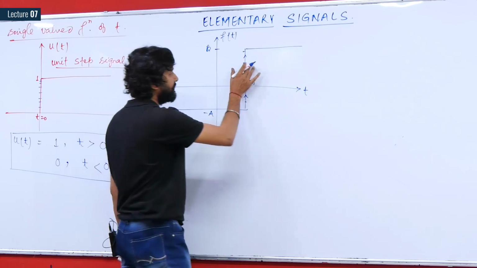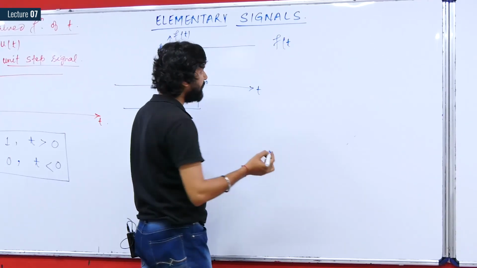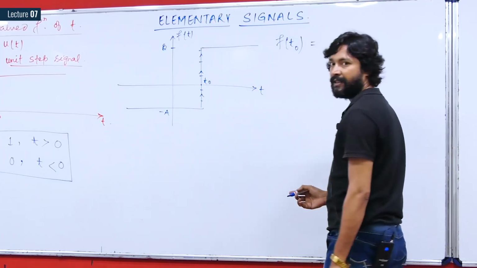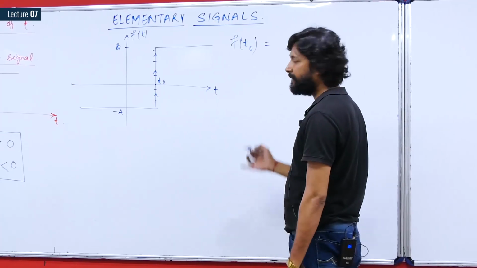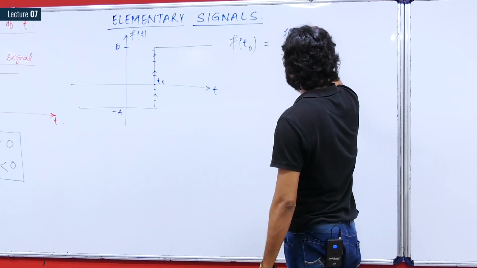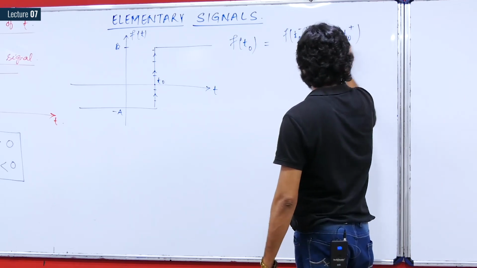So in such cases, the value of the signal f of t at t equals to t naught, which can be written as f of t naught, is approximated using Gibbs phenomena, and you use the result that the approximate value of f of t naught is equal to f of t0 minus plus f of t naught plus, divided by 2.